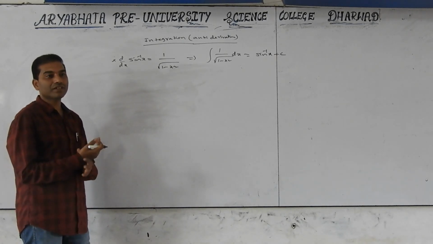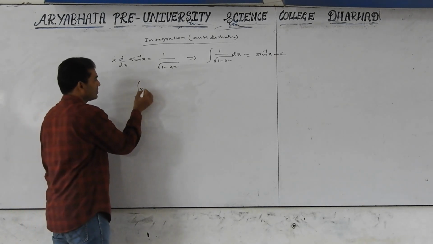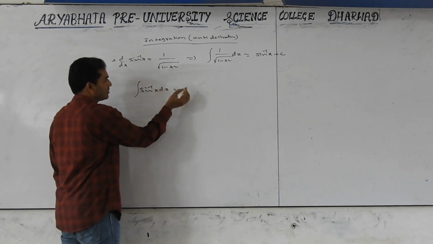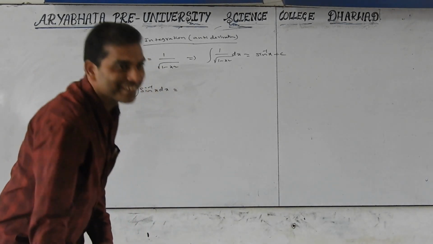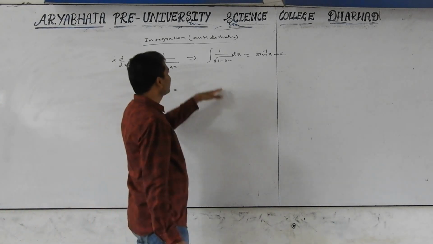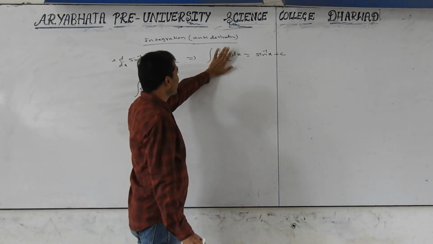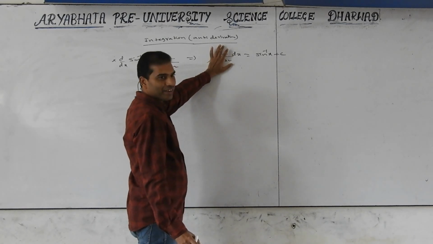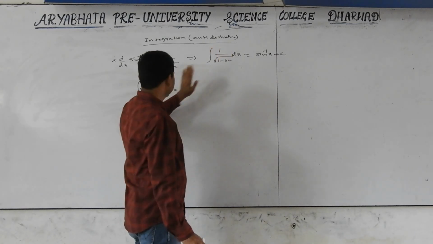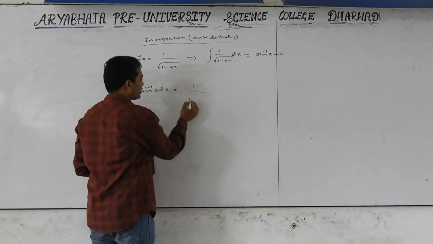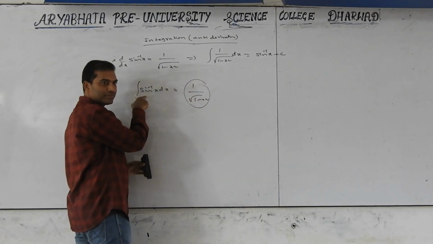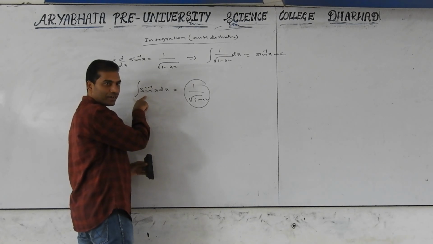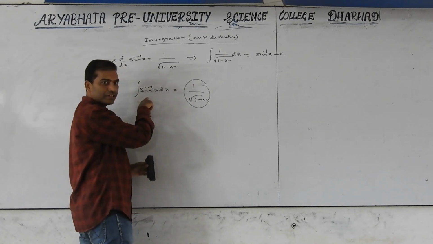What about integration of sin inverse x? Don't know. Are you following? Because it is not there in the list. This only we know, so don't create your own things. Got the point? If it is 1 by root of 1 minus x square, again if you apply differentiation, this should come. Then only it is correct. Otherwise, wrong.